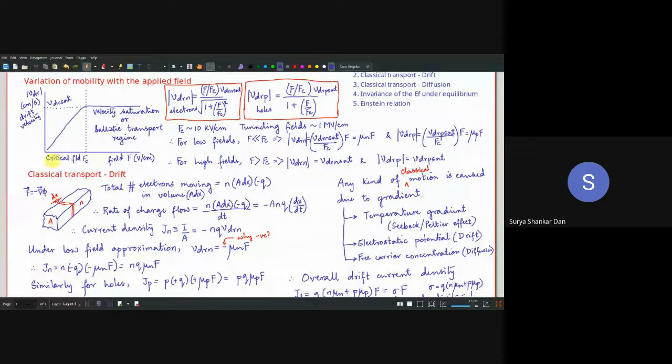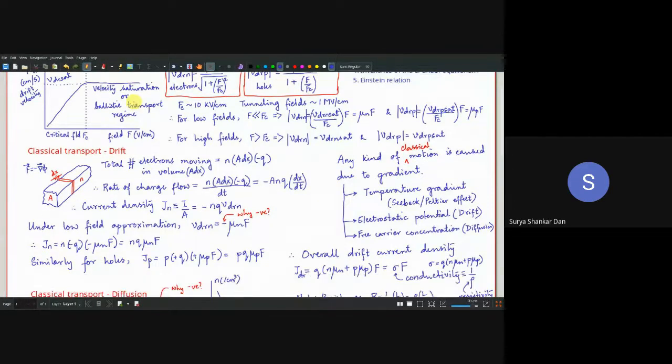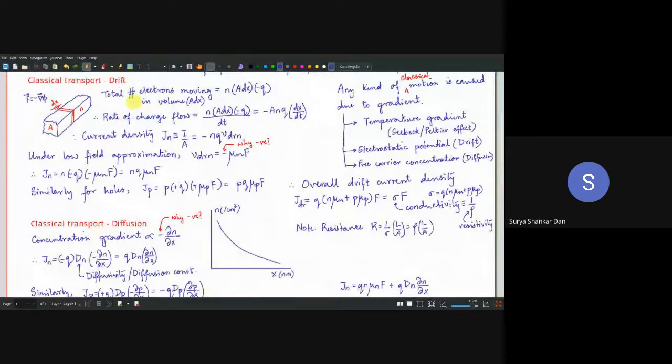Whoever is teaching analog IC design, over there also you will notice that we are always biasing the transistor in the saturation region. Why and why not the other regions? Those things will become clear over there. However, the saturation region means it is a velocity saturation kind of thing. We will revisit this when we are dealing with the saturation region in the case of the MOSFET.